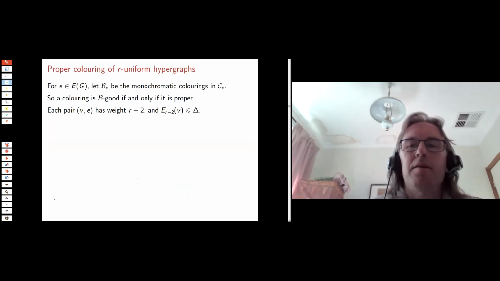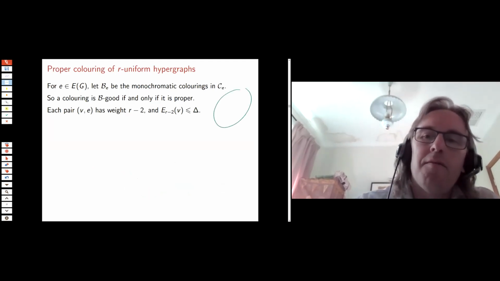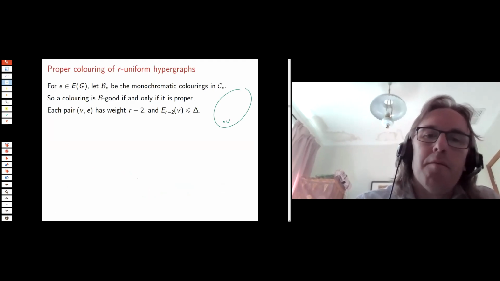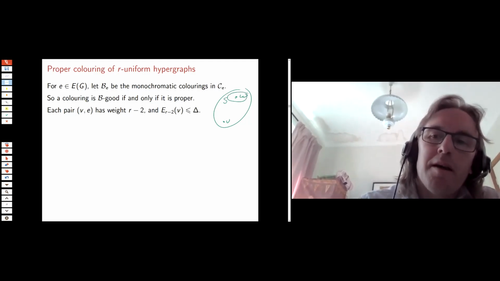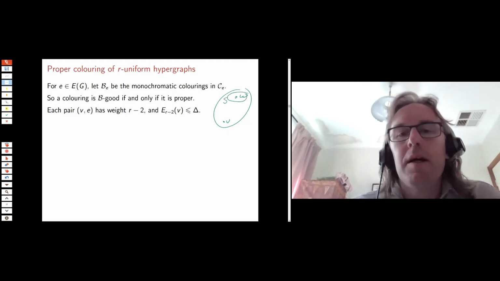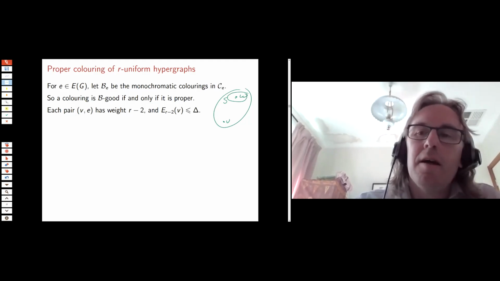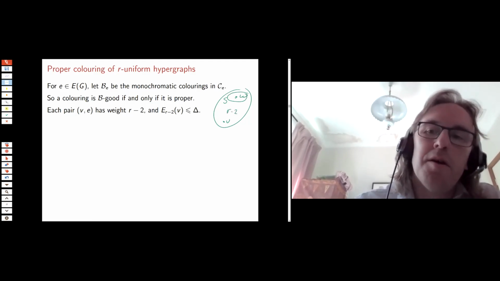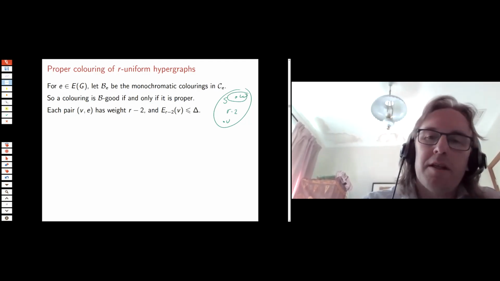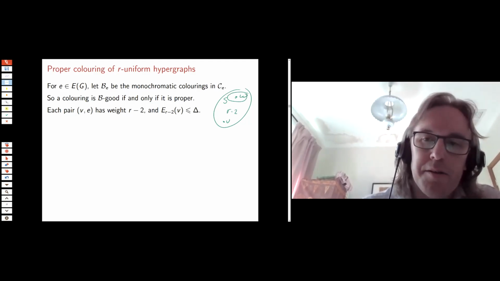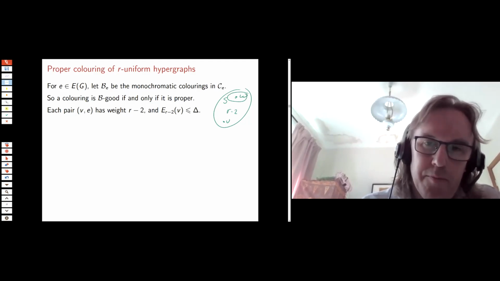And as we did before, every edge of size r is determined by a single vertex W that's outside of V, and you're left with r minus 2 vertices left over. So the weight is r minus 2, and obviously every vertex is in delta edges at most. So this E value of V is at most delta.